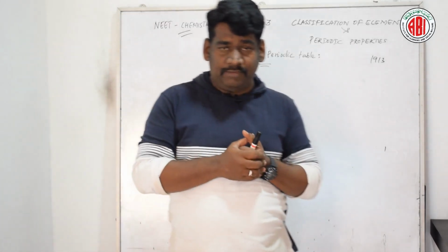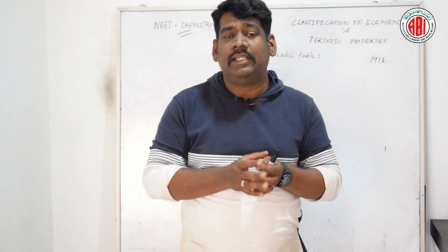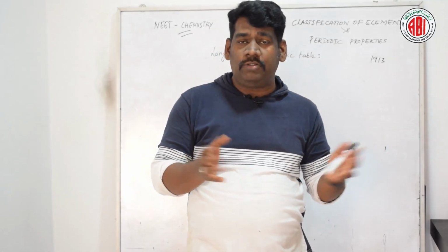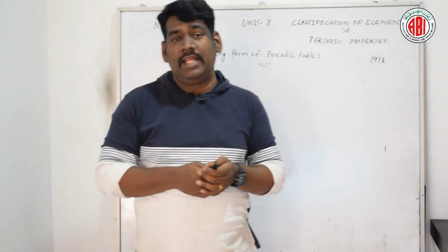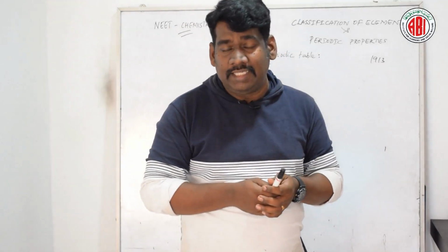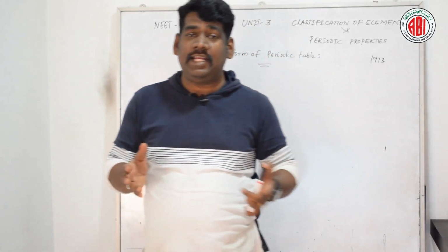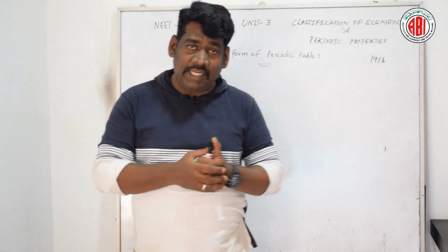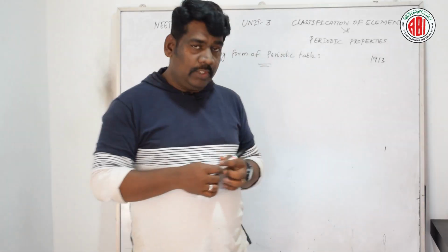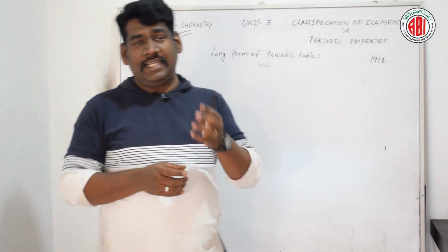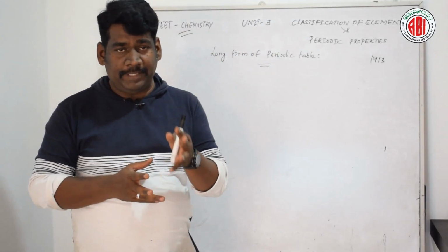The long form clearly shows the arrangement of elements in a systematic manner, and that helps us to study each and every element and their physical and chemical properties in detail. Now let us see the major characteristic features of the long form of the periodic table.